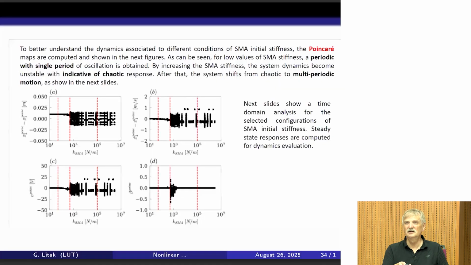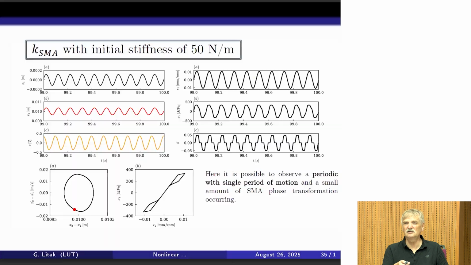And moreover, we can conclude, this is the initial stiffness, that one. So the different stiffness. So we also show different stiffness. We can conclude that there is some more information.